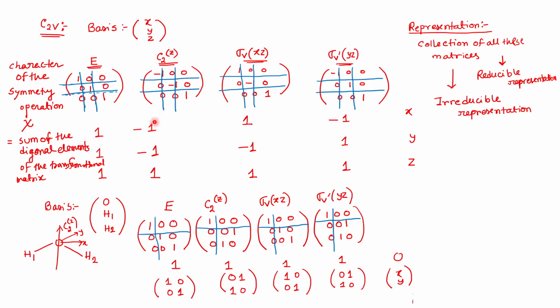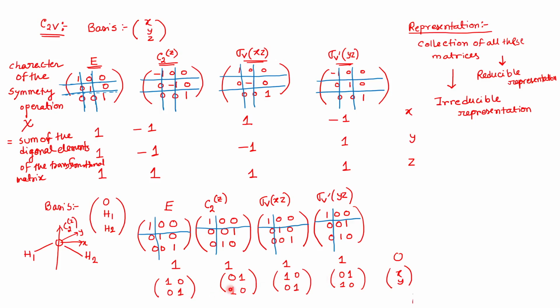But when you have this kind of representation, you still don't know if it is irreducible. Suppose this two dimensional representation, when you took the basis set as your atoms, you are getting some representation like this.